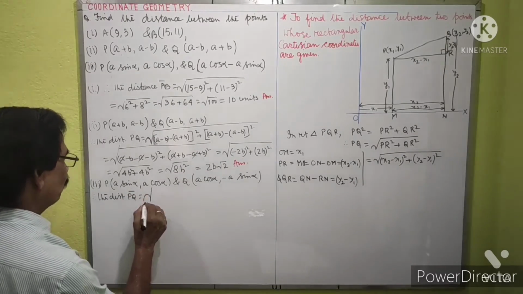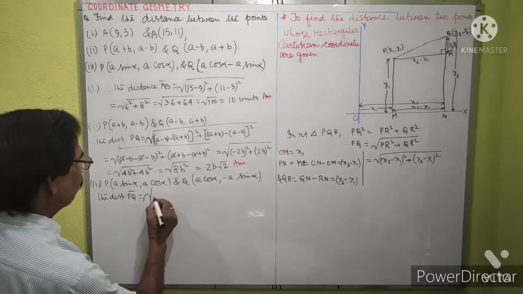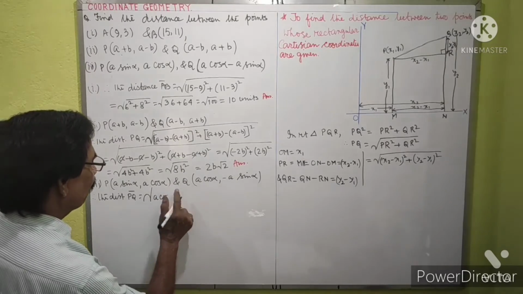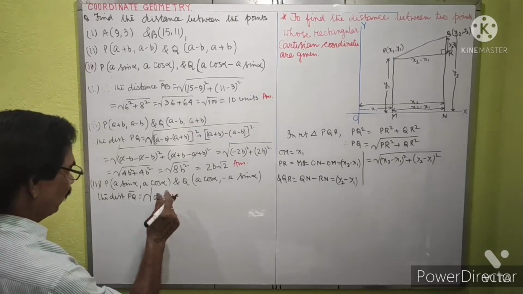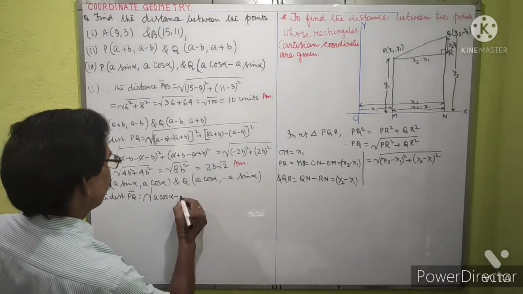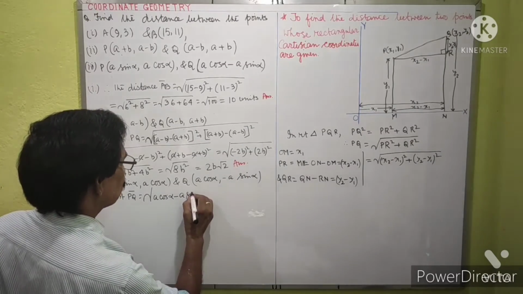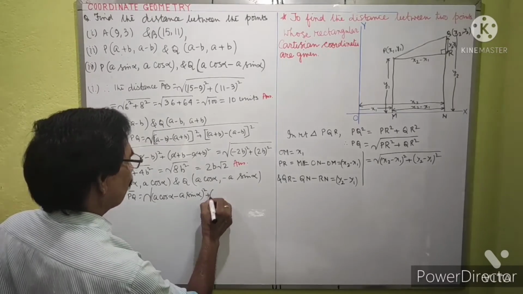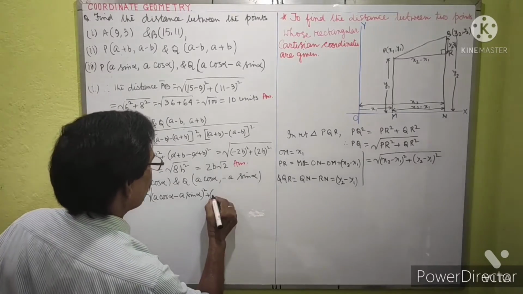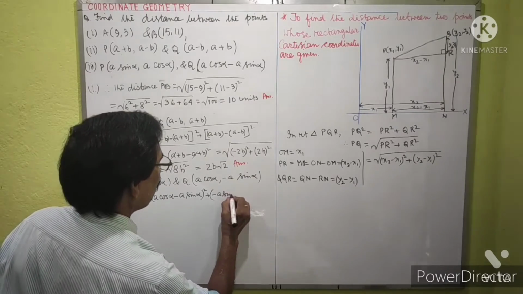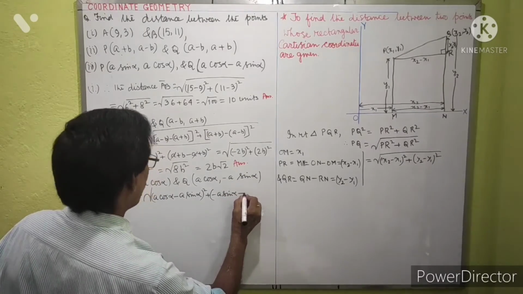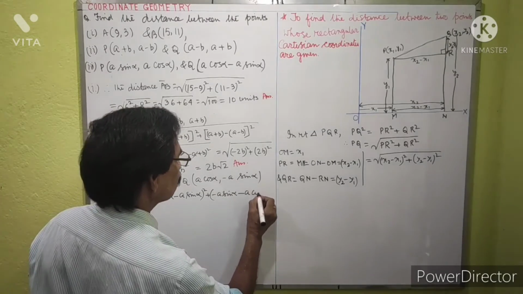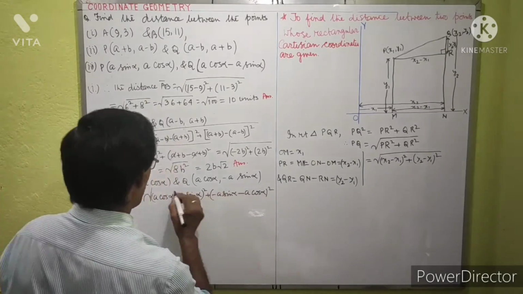equal to root over of (a cos alpha minus a sin alpha) square plus (minus a sin alpha minus a cos alpha) square.